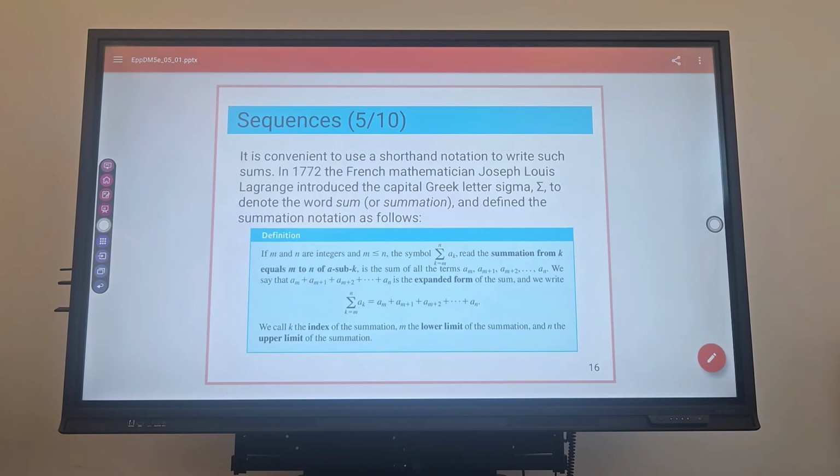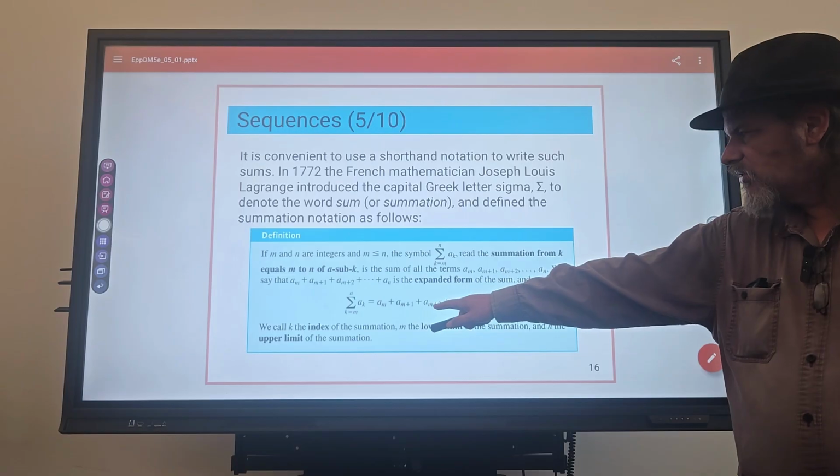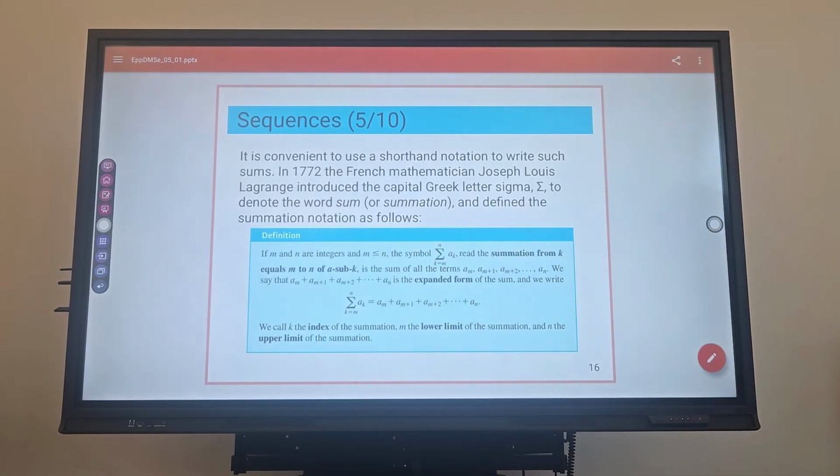We say that this is the expanded form of the sum, and we can write this out as a sum like this. We call k the index of the summation, m the lower limit, and n the upper limit of the summation.